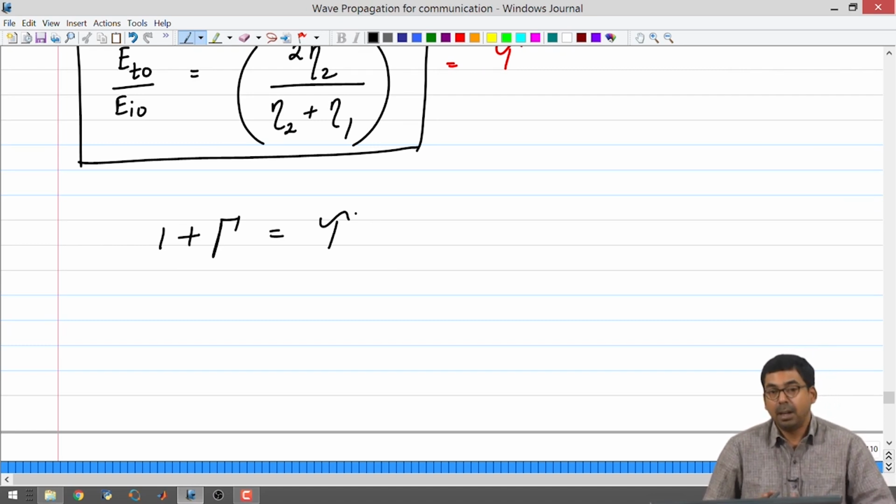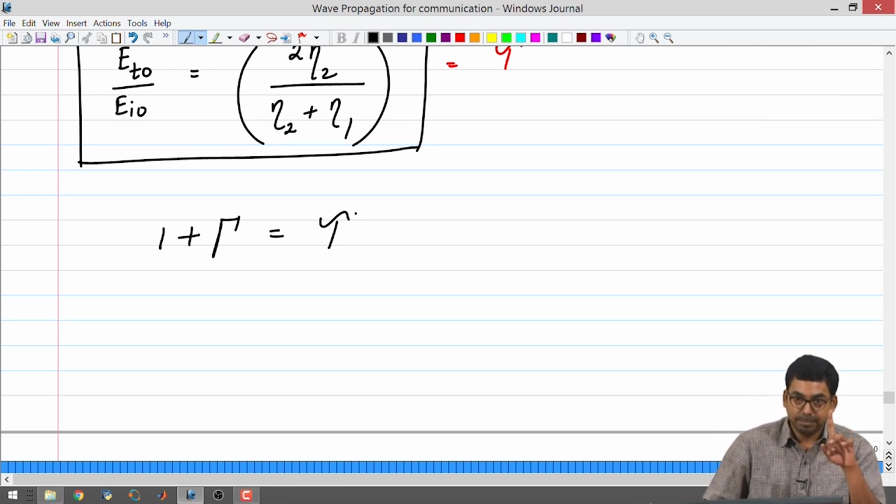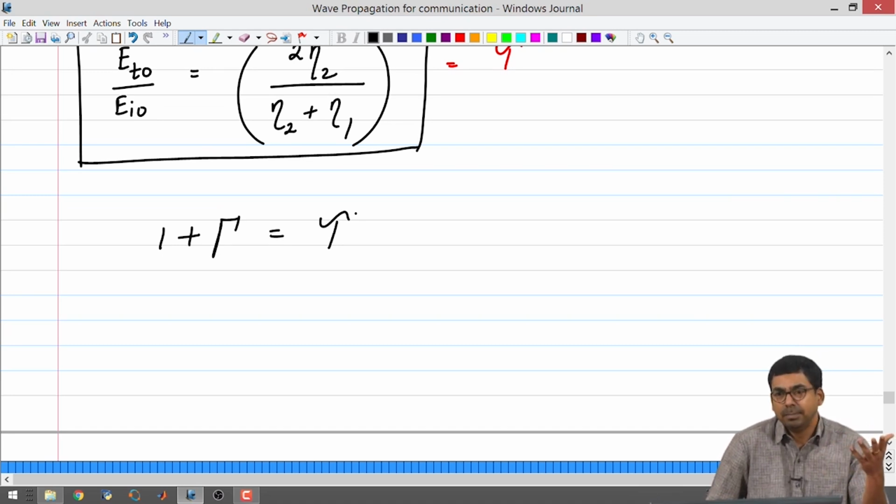Now, this needs a lot of thought, because it means that your incident electric field could be, say, 1 volt per meter, and your transmitted electric field can be higher than 1 volt per meter. It is not uncommon.